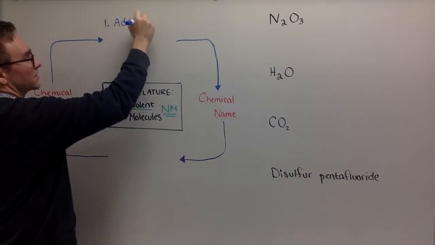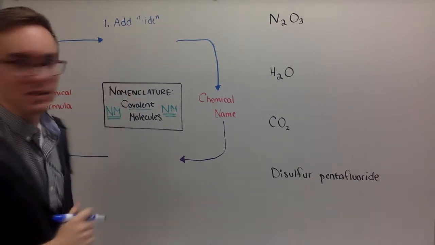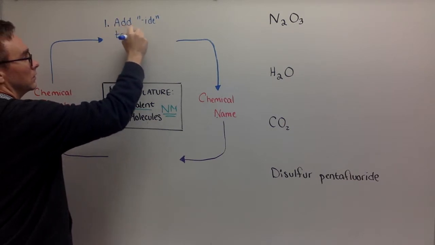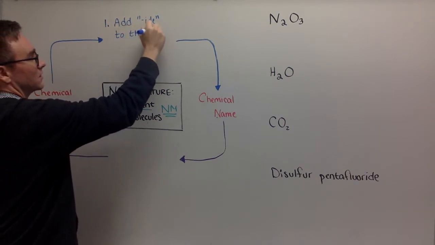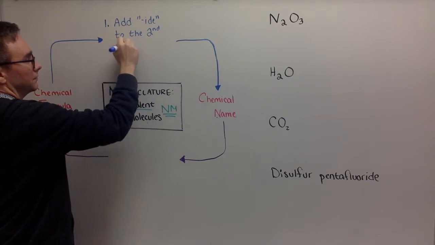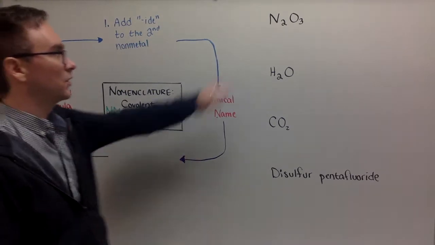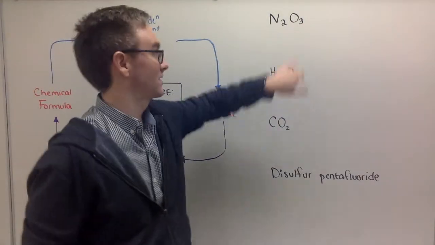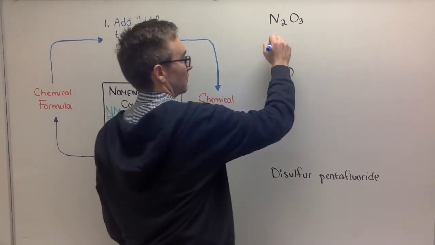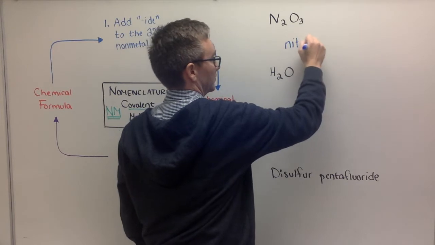Add the suffix. Suffix means it goes at the end of the word. Add IDE to the second nonmetal. So for example, here I have nitrogen and oxygen. That's the second one. So oxygen becomes oxide. So what I have right here is nitrogen oxide.